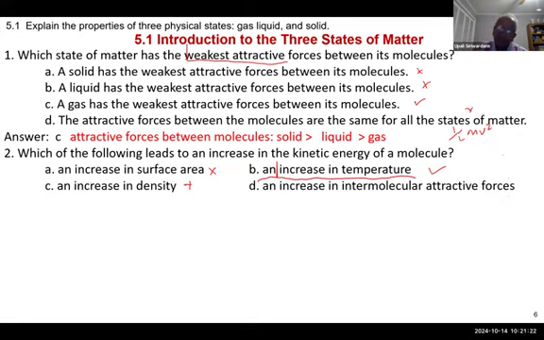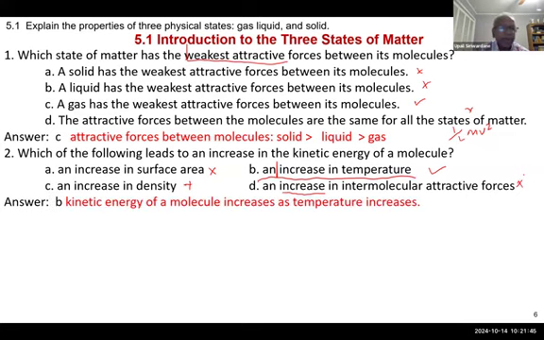Kinetic energy decreases as intermolecular attractive forces operate on particles of the sample of gas or liquid or solid. Therefore, this is not the correct answer. Therefore, the only correct answer is B. Kinetic energy increases with the temperature.